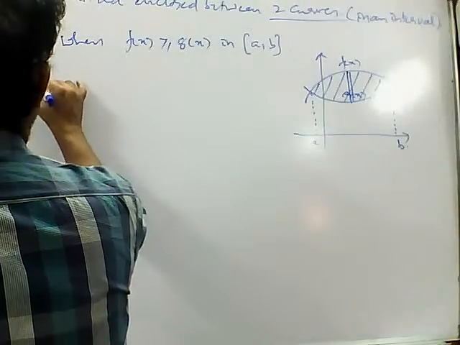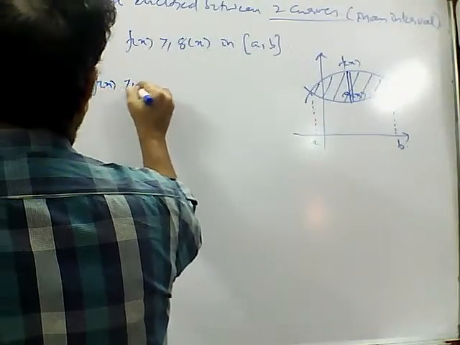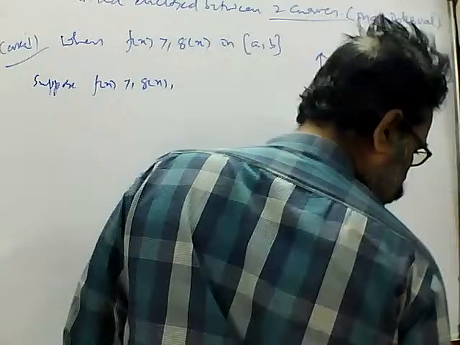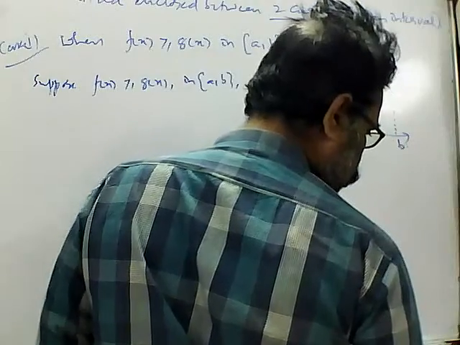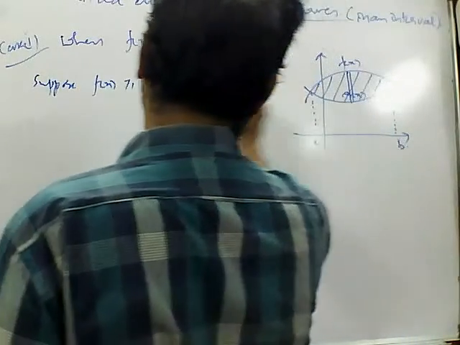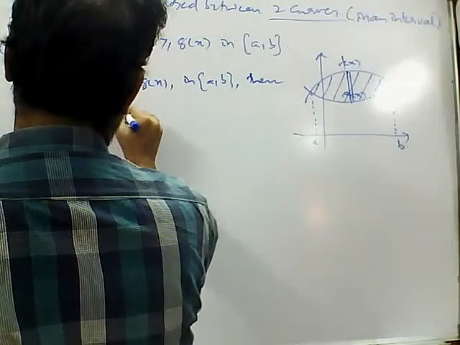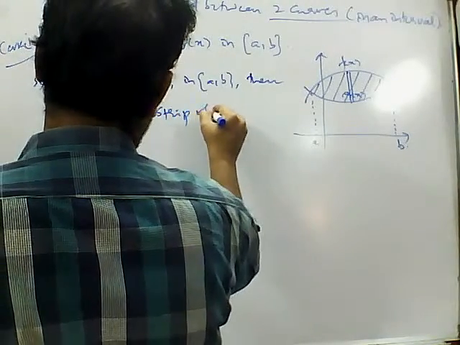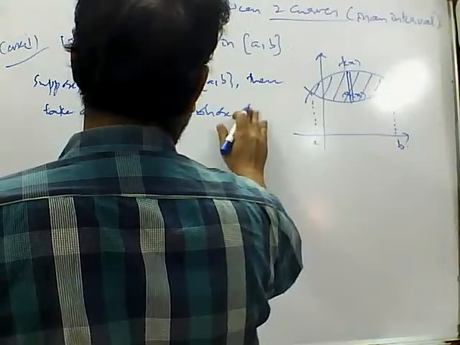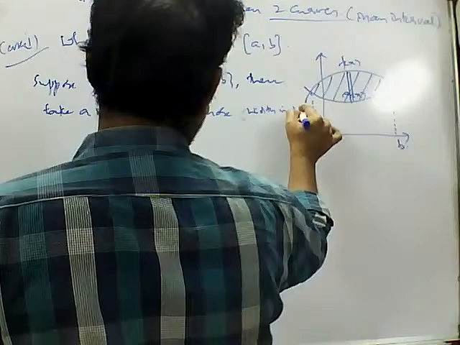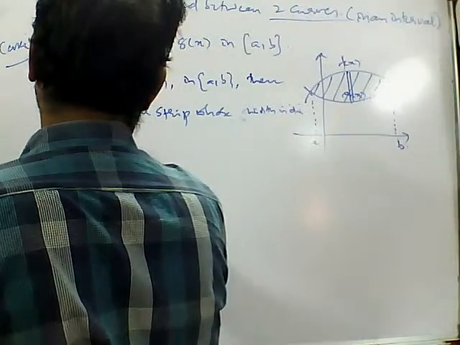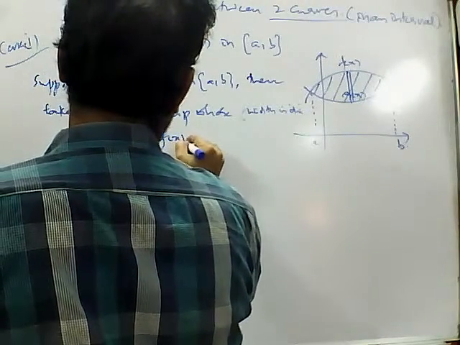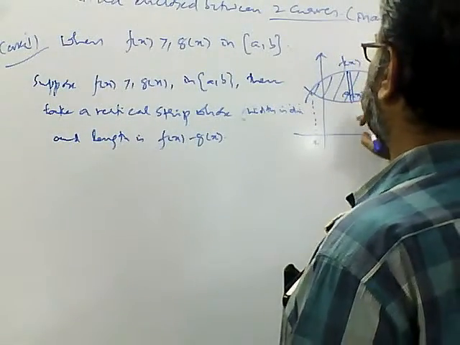Suppose f of x is greater than g of x in A comma B. Then we take a vertical strip whose width is dx, and length is f of x minus g of x, because this is a difference of f of x minus g of x and width is dx, right?